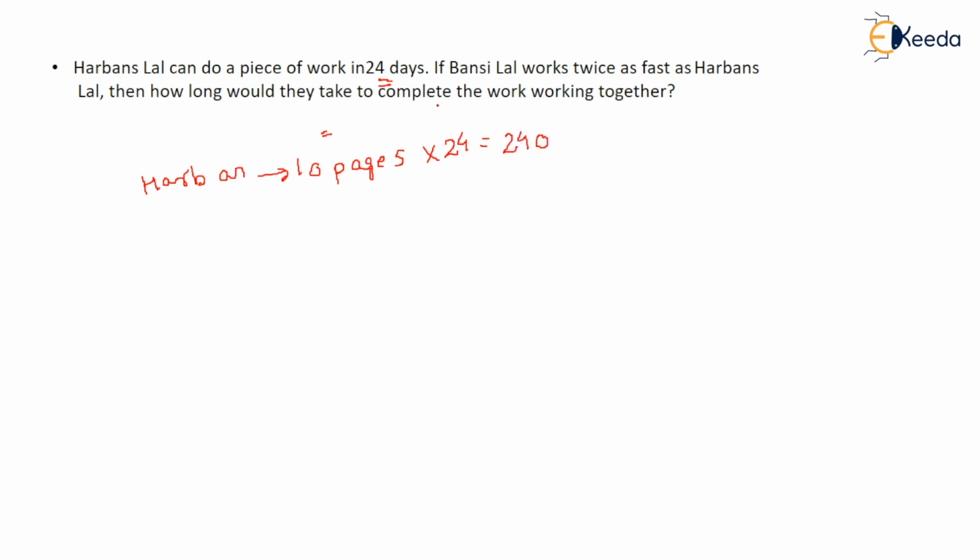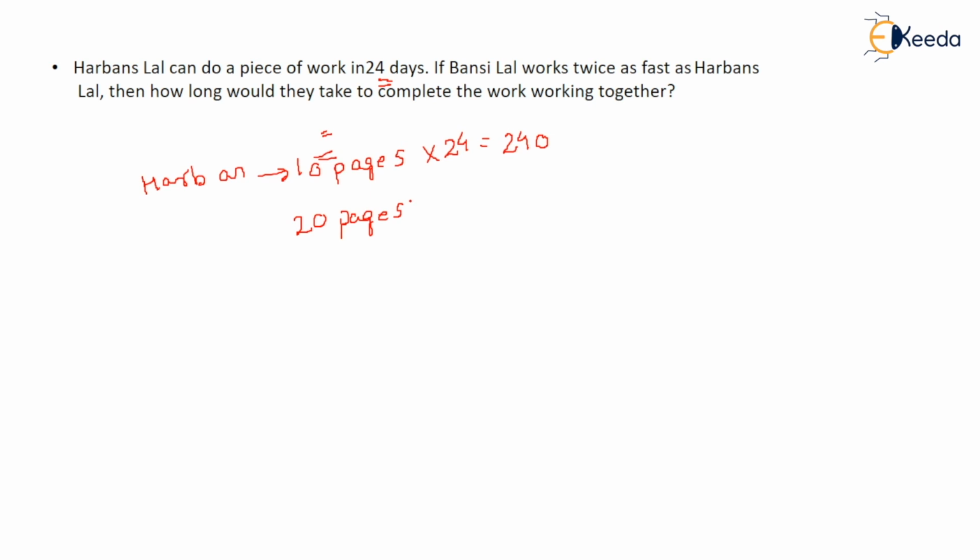Now there is another person whose name is Bansi Lal, who is twice as fast as Harbans Lal. That means if Harbans Lal writes 10 pages, how many pages can Bansi Lal write? He can write 20 pages, right? Two times. It is mentioned that he is twice as efficient, or he can work twice as fast as compared to Harbans Lal.